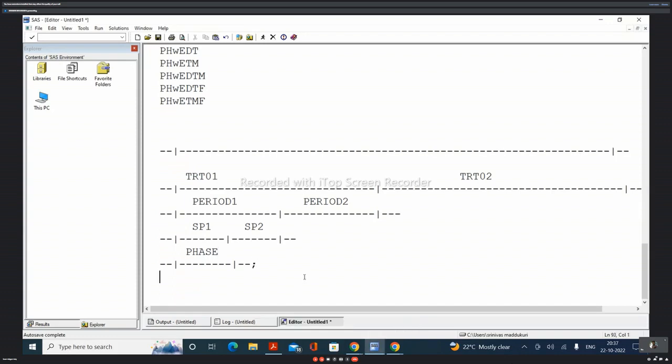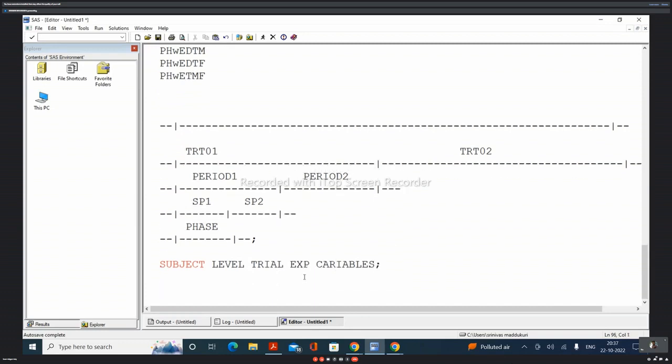Once you're done with the start dates and end dates up to the phase, now we are going to have the very important subject level trial experience variables. What are the subject level trial experience variables that we have? What is the end of study status?